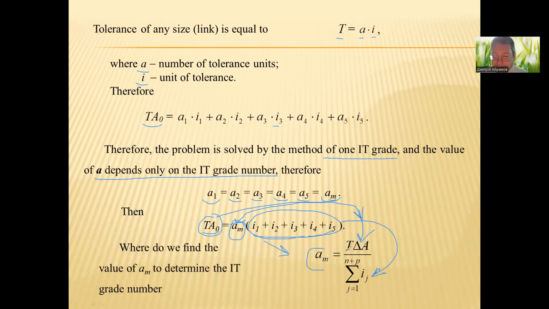T A0 is equal to T delta A; it's the same parameter. So if we know AM, we can find the IT grade number.